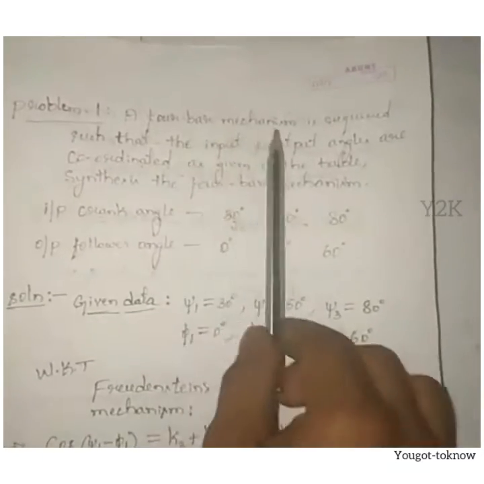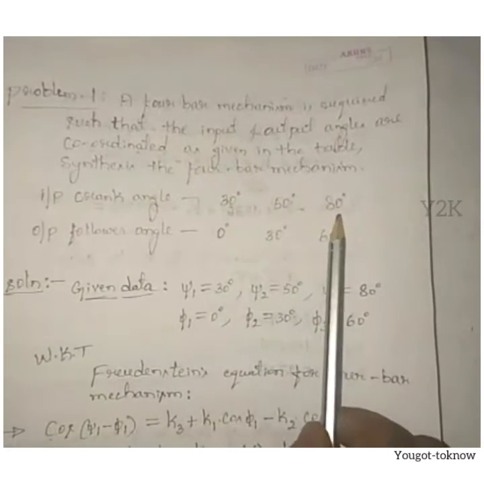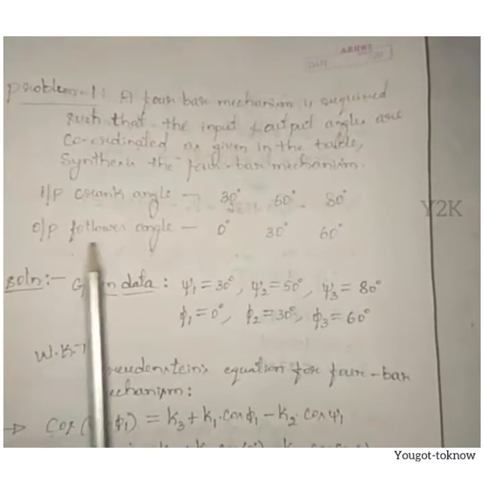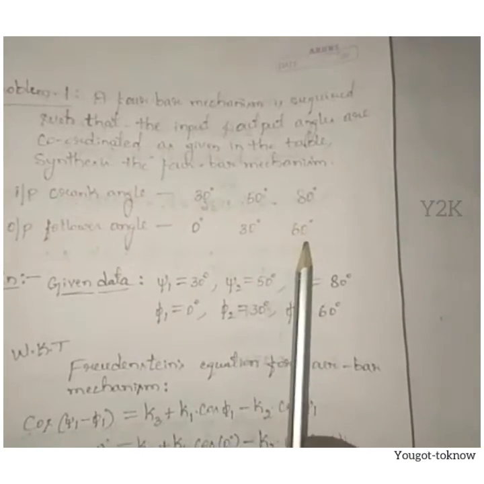Here, we can see a problem on the 4-bar mechanism in which the input crank angles are 30 degrees, 50 degrees and 80 degrees, and the output follower angles are 0 degrees, 30 degrees and 60 degrees.